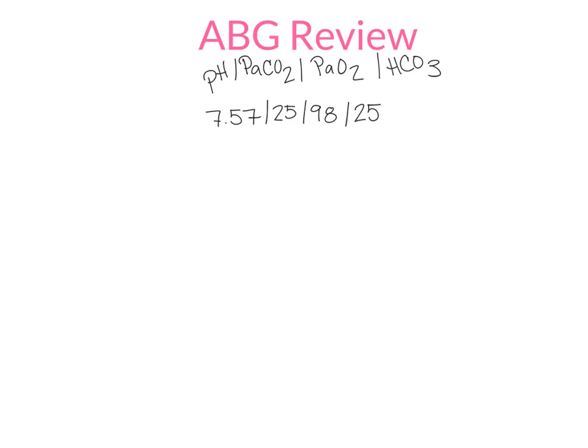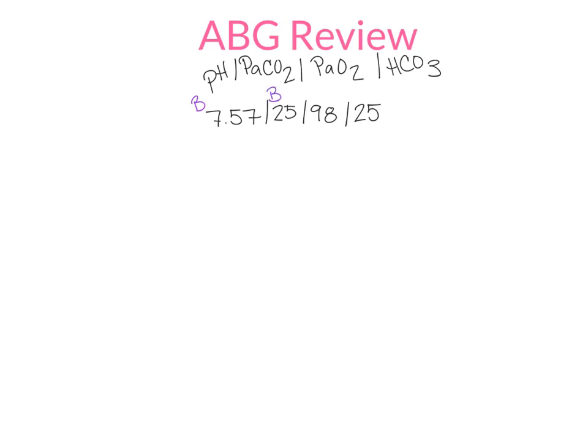Let's work through another one. We're going to assess our acid-base status, and we can see that it's alkalotic, so I'm going to put a B for base. Then we're going to assess our ventilatory status, and we can see that it has a decreased PaCO2, so it as well is alkalotic.